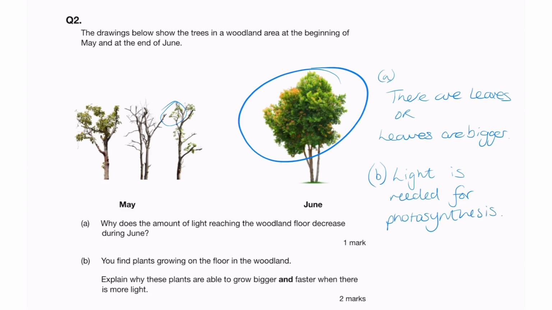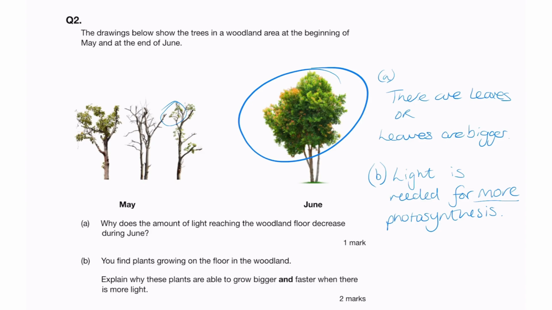That's 1 point. Okay, and then you could say, to get the second mark actually, you could just put in the word more. So light is needed for more photosynthesis.